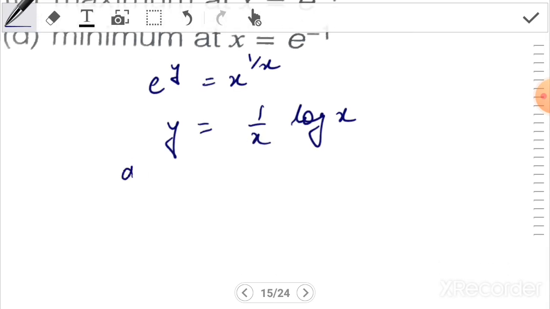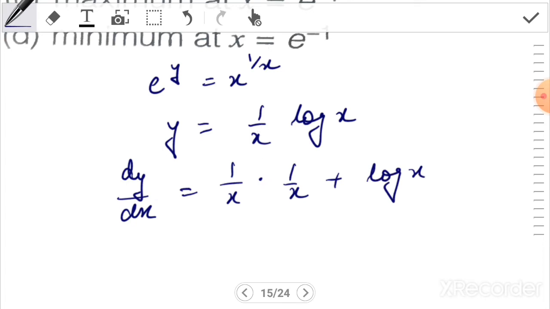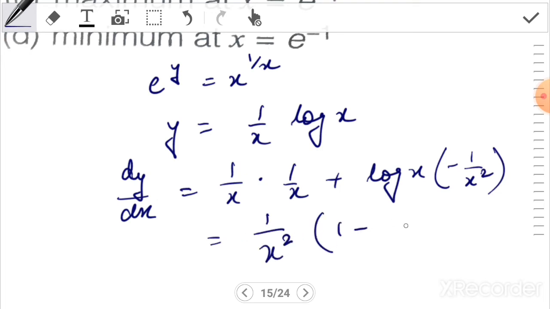Now let us find dy by dx, which is 1 by x, u into v form, 1 by x again plus log x, and differentiation of 1 by x is minus 1 by x square, which is 1 by x square into 1 minus log x.